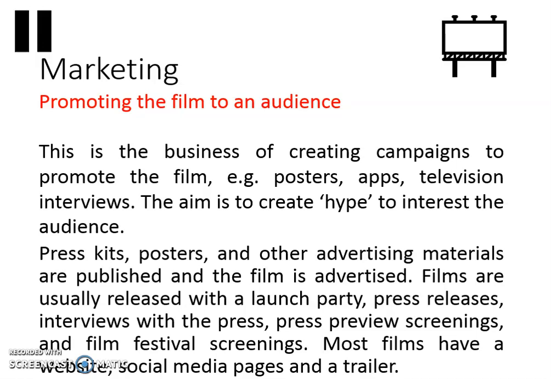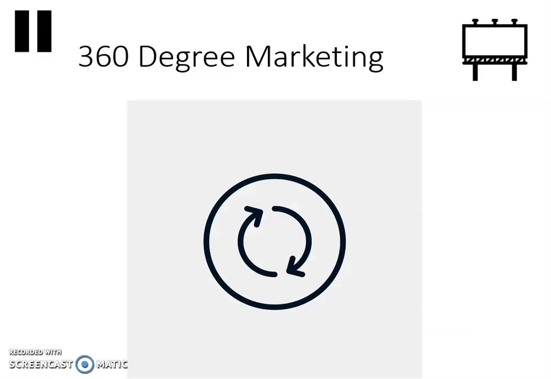We get the traditional forms still being used, things like film posters, trailers, but we're also seeing increasingly unique ways of marketing through social media, viral marketing, through websites, immersive experiences.